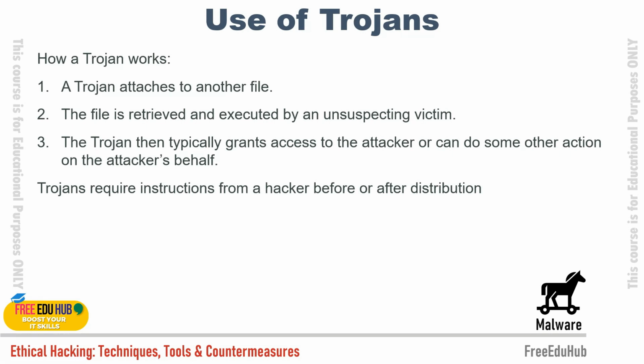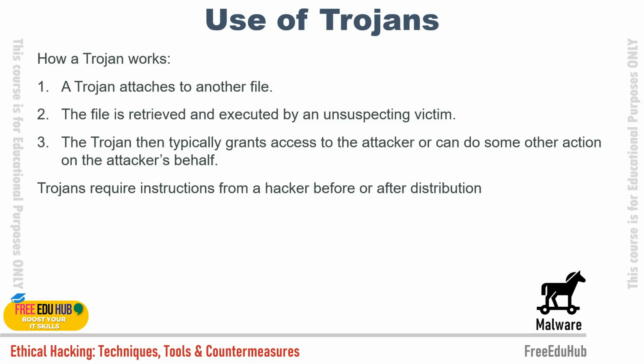The method of distribution of Trojans is actually quite simple. They attach themselves to another file, which is then retrieved or executed by an unsuspecting victim. Once that occurs, the Trojan typically grants the attacker access to the computer and can do other operations remotely on behalf of the attacker.